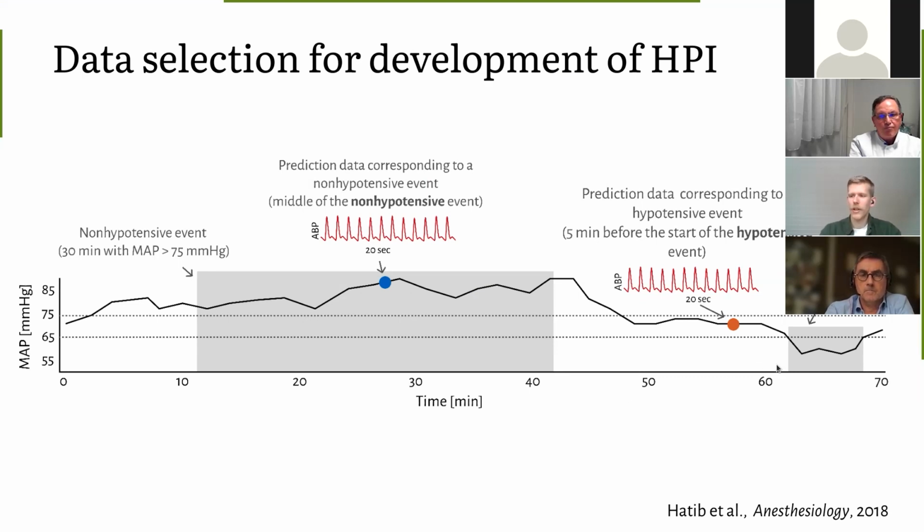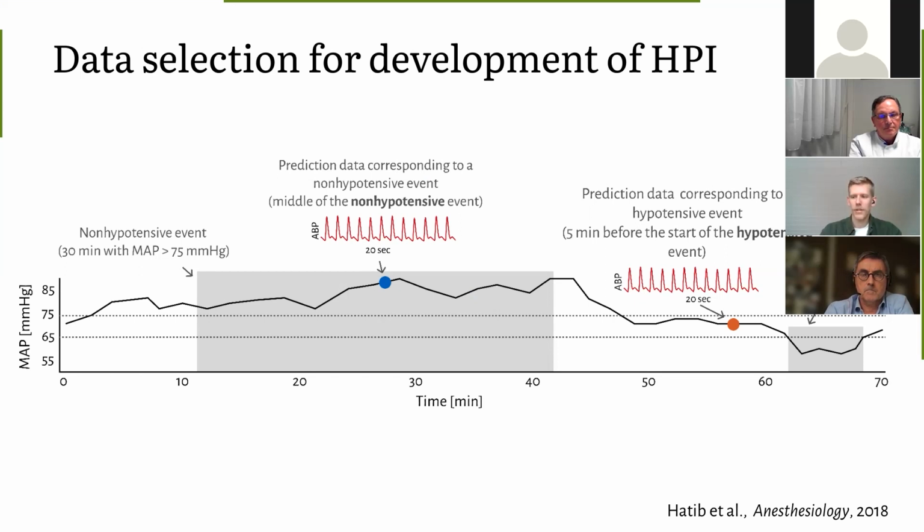Hypotensive events were defined as MAP below 65 for at least 1 minute, and then the arterial waveform 5 minutes before each event was used to generate numerous features that could potentially be used to predict hypotension. On the other hand, non-hypotensive events were defined as 30-minute sections with a MAP that was always above 75, and then the midpoint of this section was used to generate features indicative of non-hypotension.